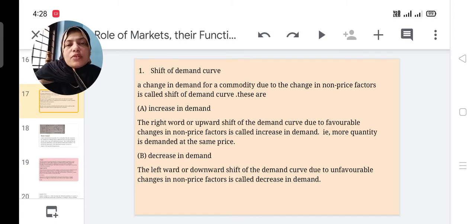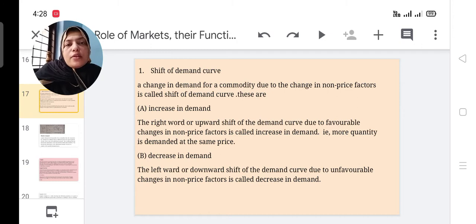The rightward or upward shift of demand curve due to favorable change in non-price factors is called increase in demand. That is, more quantity is demanded at the same price. For example, price is not changing. Now, for example, Surendra has income. His income is 100 rupees.